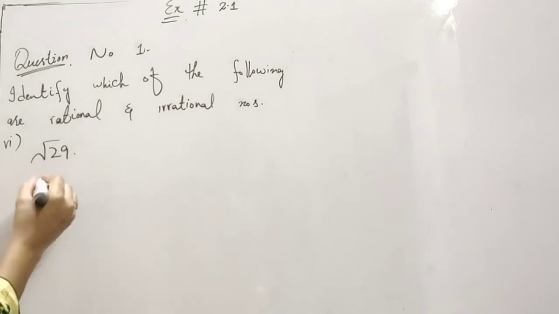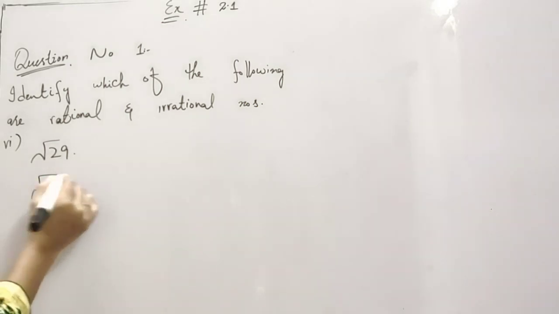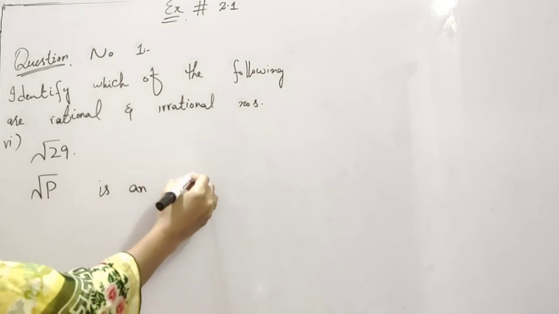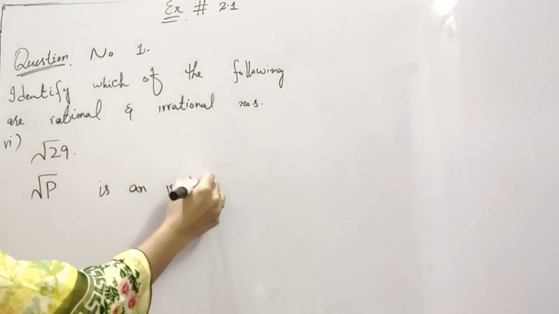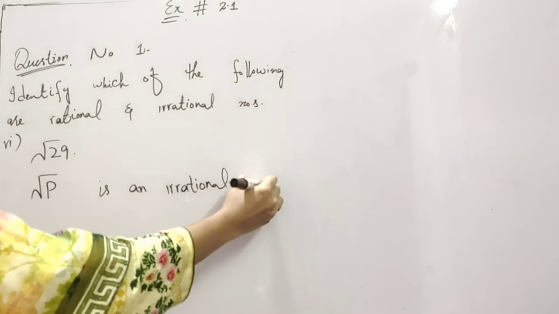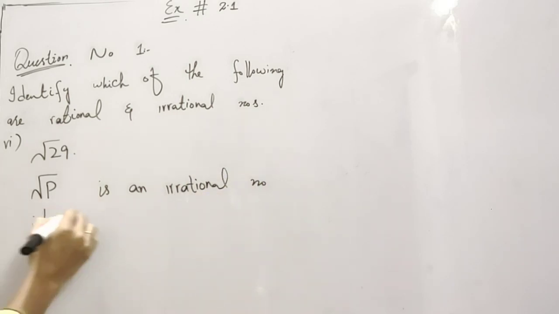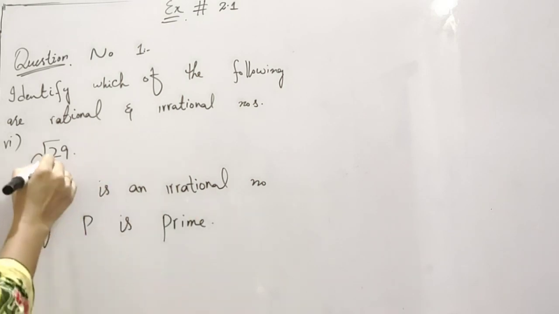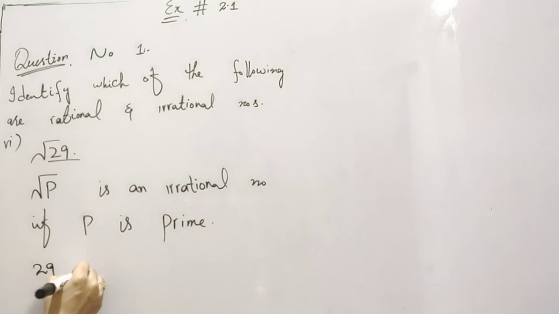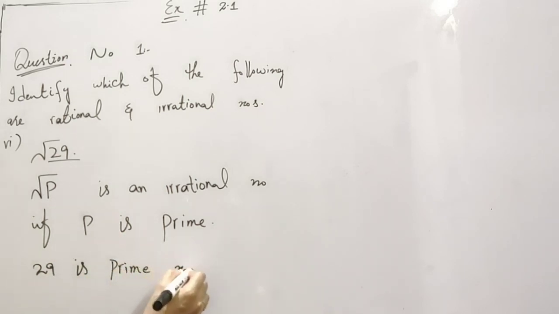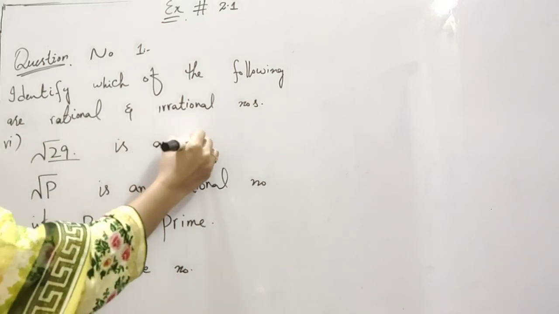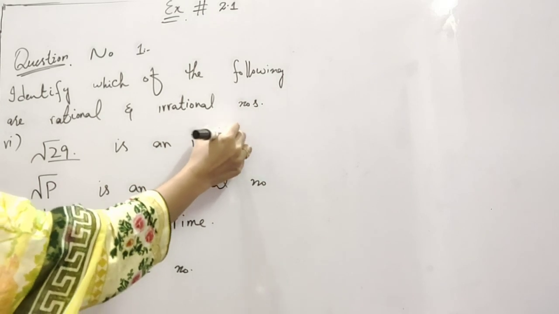We know that the square root of any prime number is an irrational number if p is prime, and we know that 29 is a prime number, so we can say that square root of 29 is an irrational number.